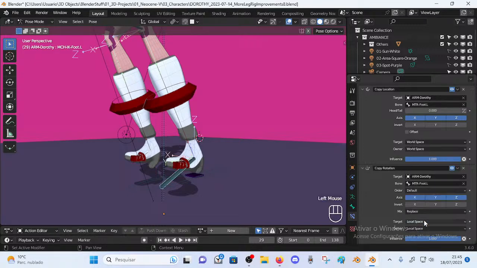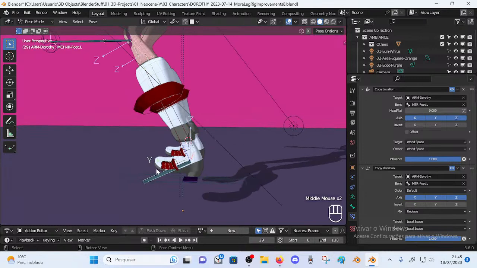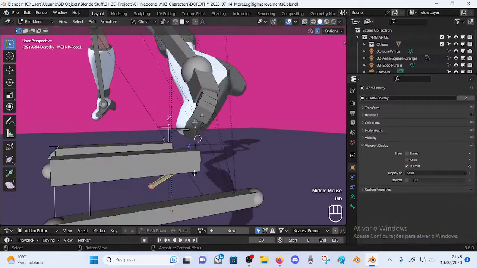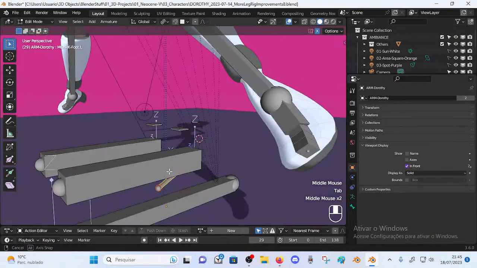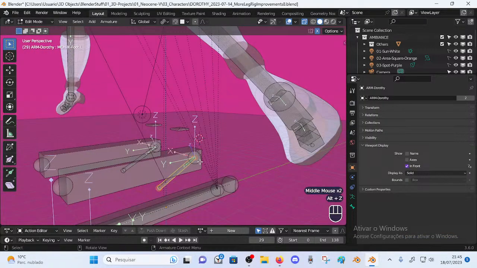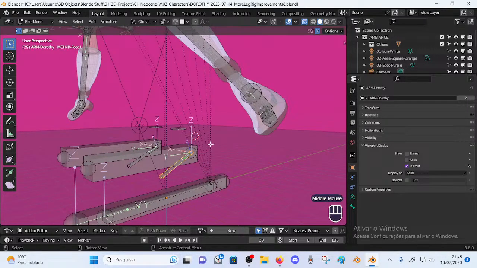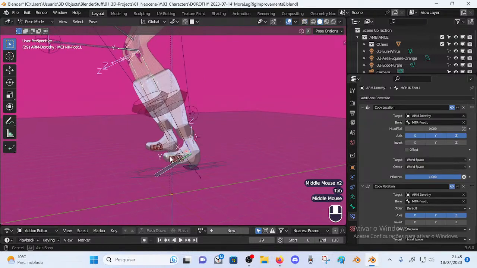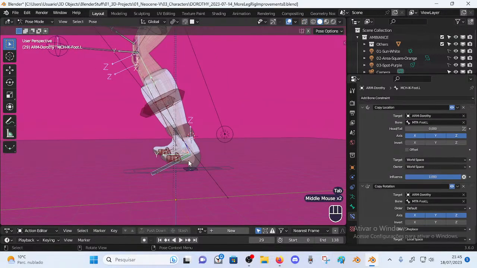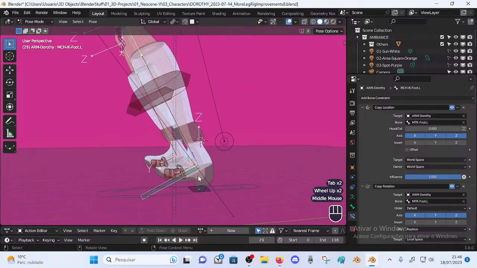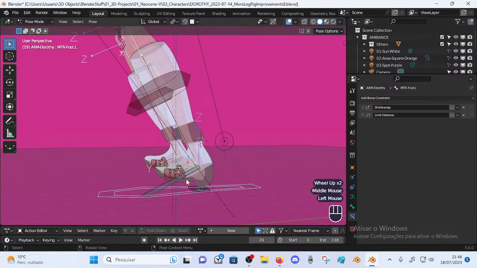So what that does is it creates some tilting apparently on purpose.